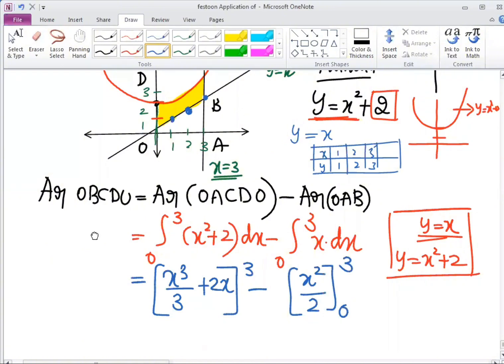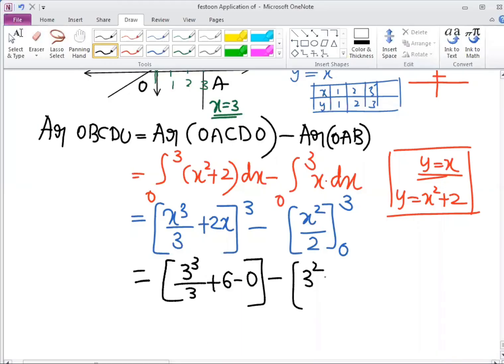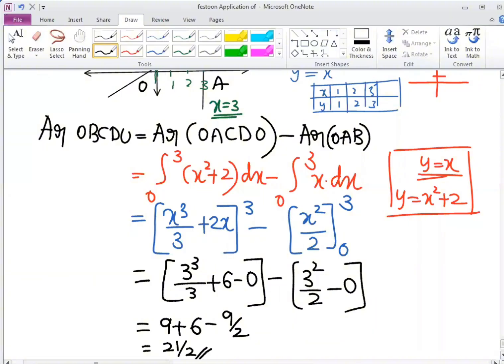If I move further, see, this is equal to 3 to the power 3 by 3 plus 6 minus 0, minus 3 square by 2 minus 0. That is equal to 9 plus 6 minus 9 by 2. That implies it is 21 by 2, which is the required answer.